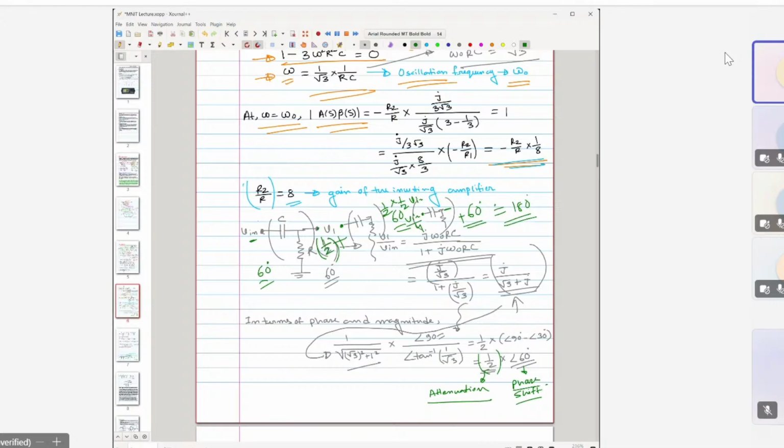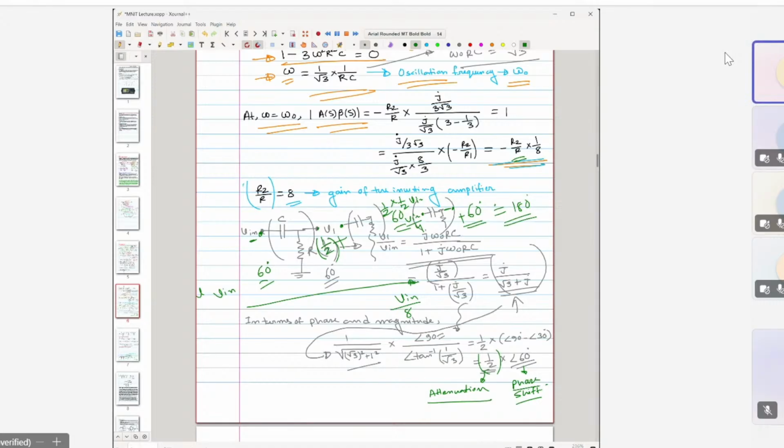Then whatever input you are giving here and whatever output you are getting from the feedback loop: if you are giving V in here, after this feedback loop it is becoming V in by 8. So then what is the attenuation? It is 1 by 8. And what is the relation between R2 and R?